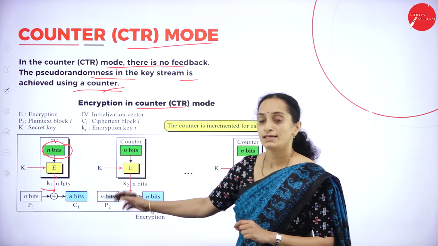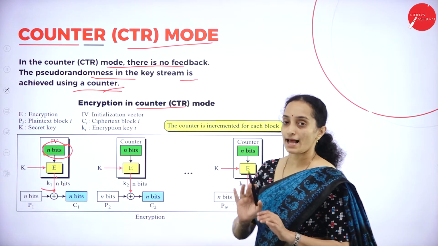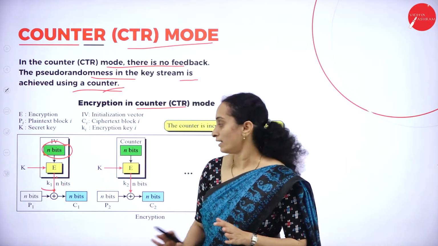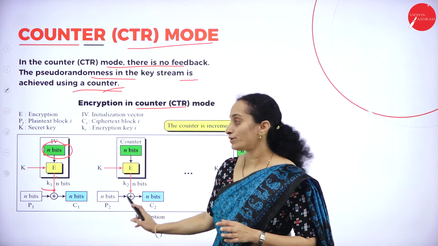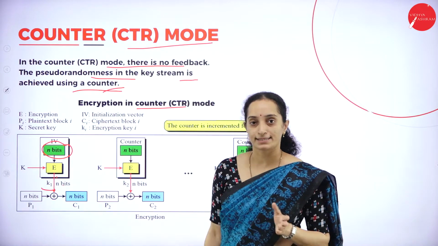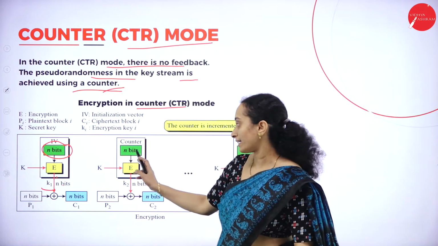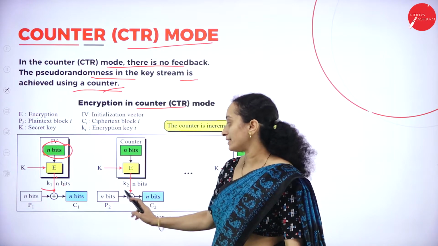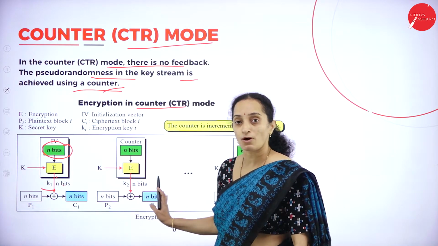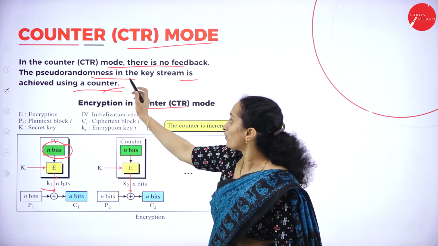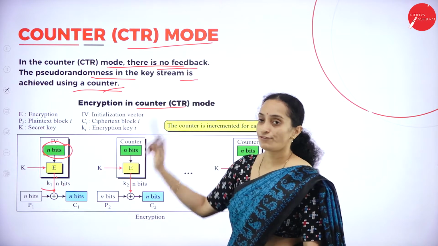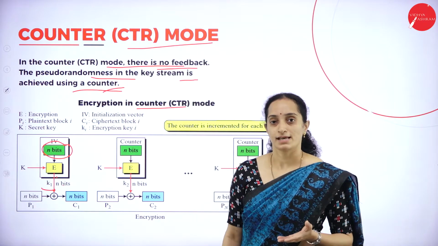This is propagated over the channel as a stream cipher. It is not going to the second step of encryption, the second block. The second block is independent of the first block. Each block is independent. It is not going to take any feedback from the previous encryption.